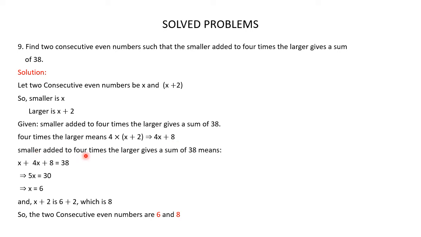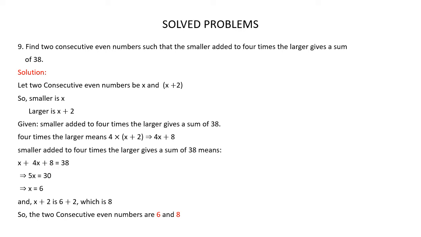Smaller added to 4 times the larger number gives a sum of 38. This means x plus 4x plus 8 is 38. That is, the smaller number is added to 4 times the larger number. That is, x is added to 4x plus 8. So x plus 4x plus 8 is equal to 38.